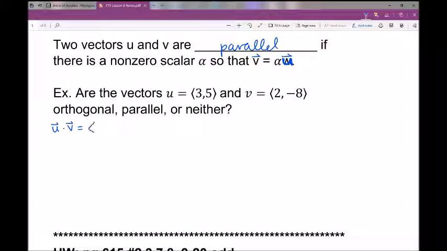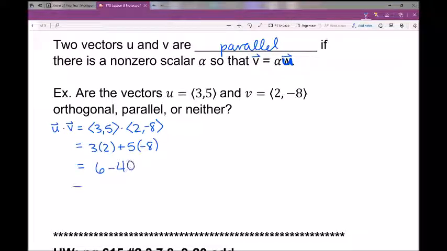So that is 3, 5 dot 2, -8, which is 3 times 2 plus 5 times -8. So that is 6 minus 40, and that is -34. So obviously here, -34 is not 0, so these two vectors are not orthogonal.